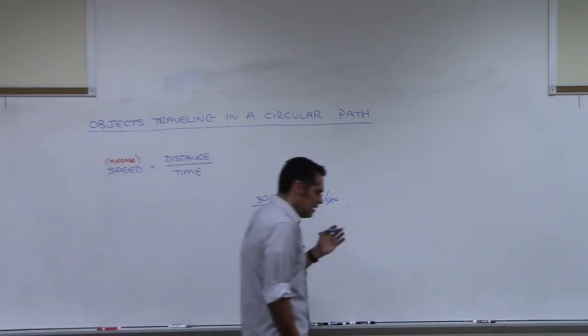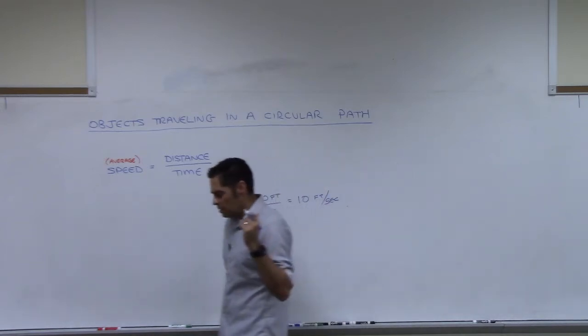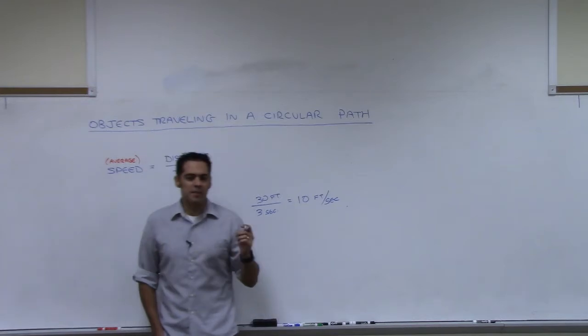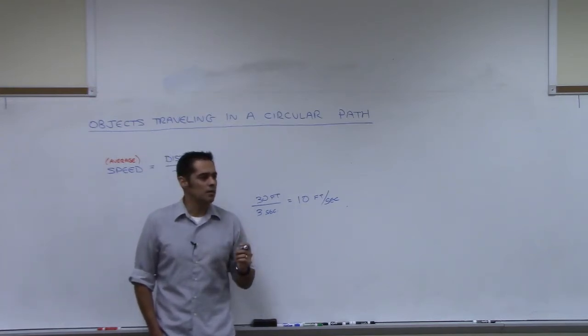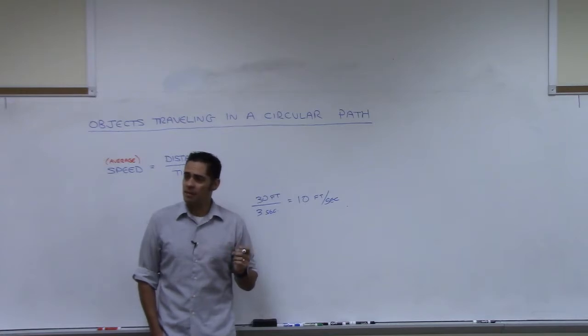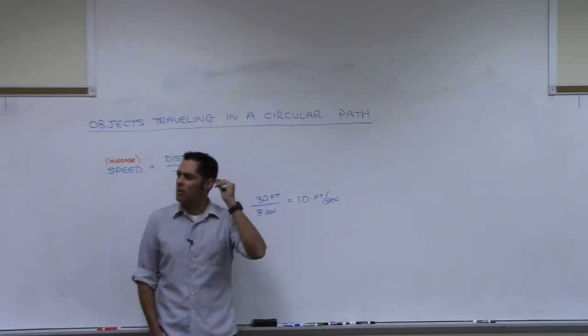If I run at 450 feet per minute into a brick wall, am I alive or am I dead? 450 feet per minute. It's not something you can just say, oh yeah, I get that.